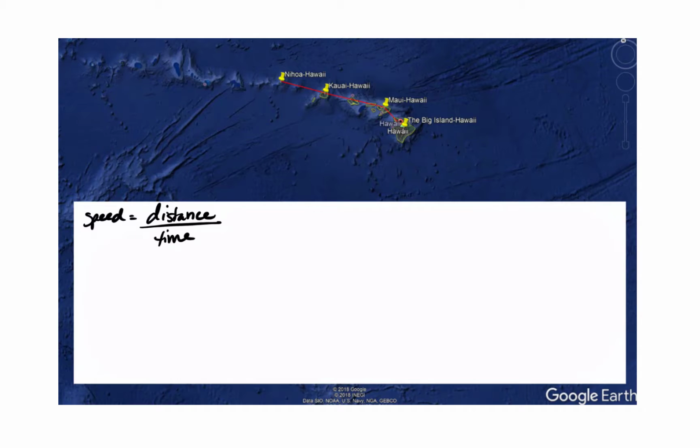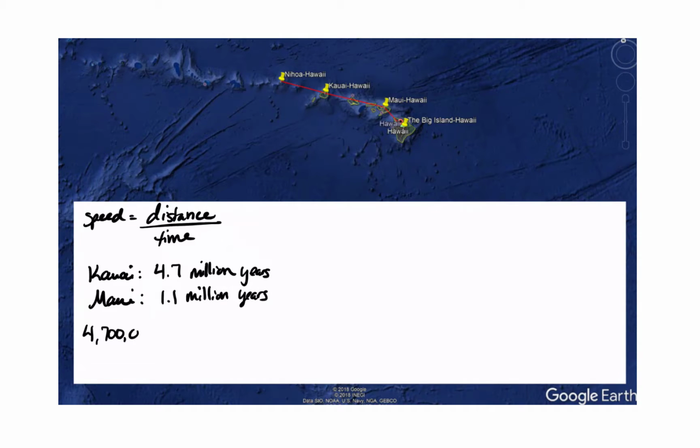We are given in the text that Kauai formed 4.7 million years ago and Maui formed 1.1 million years ago. 4,700,000 minus 1,100,000 equals 3,600,000 years.